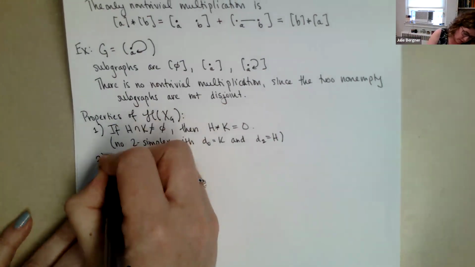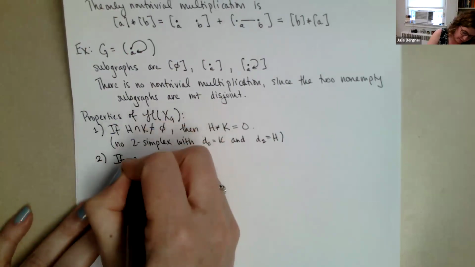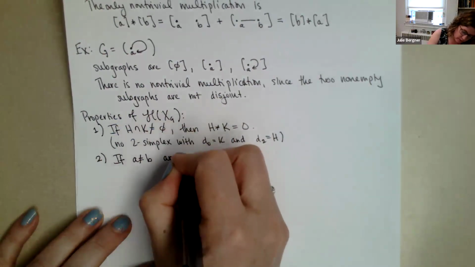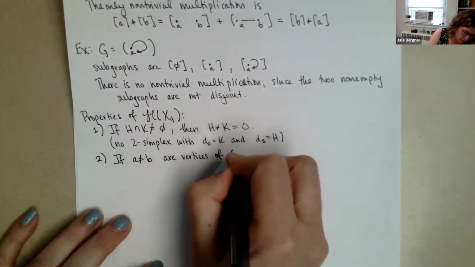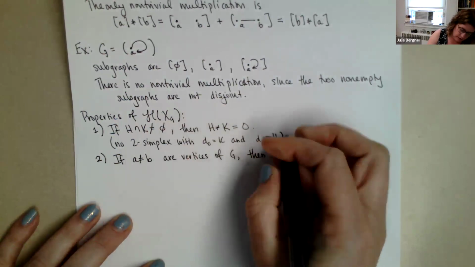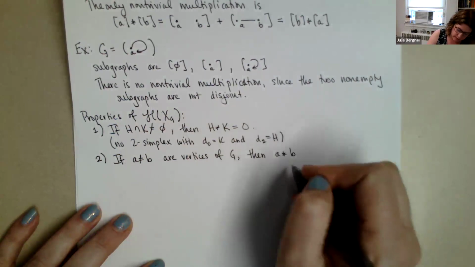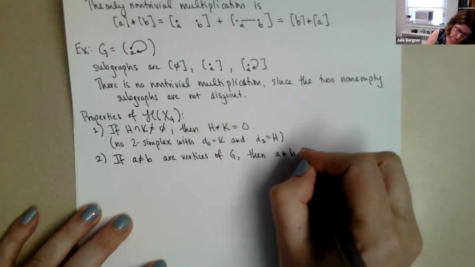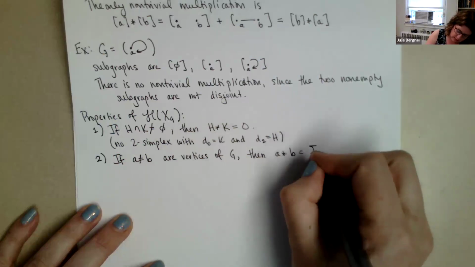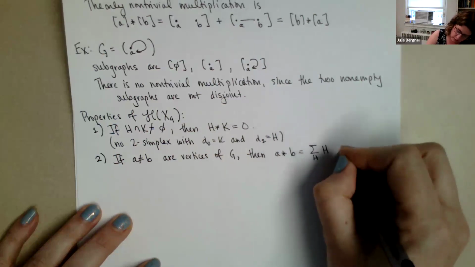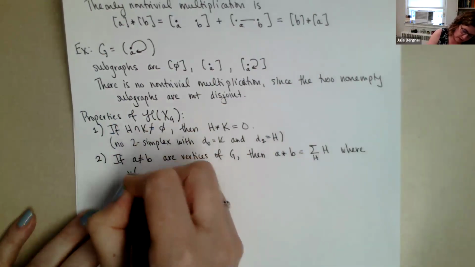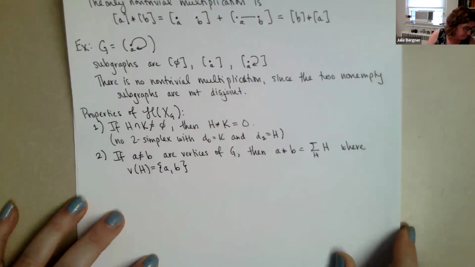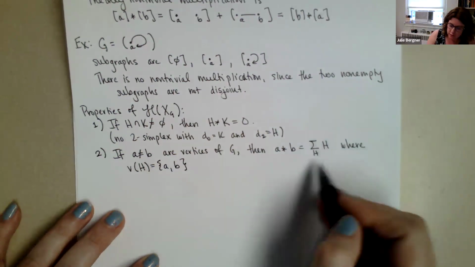Okay, so now let's look at some cases where things are disjoint. If A and B are vertices of our graph, then if we multiply those elements, just writing A and B as shorthand for the vertices, this multiplication will be a sum over subgraphs H where the set of vertices of H is just A and B. But then you might have edges.